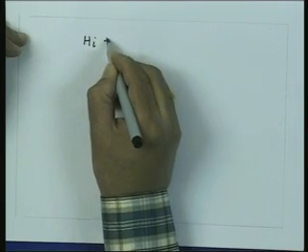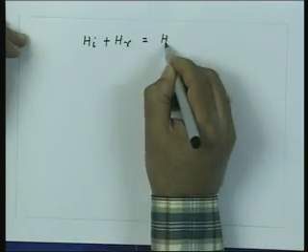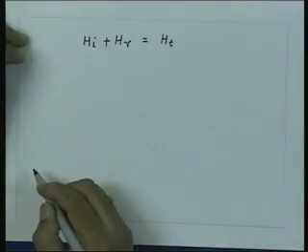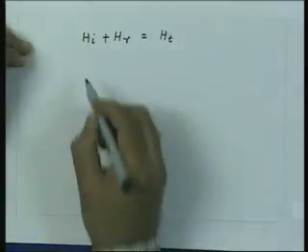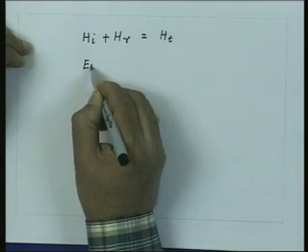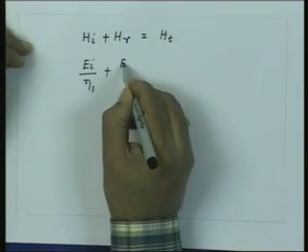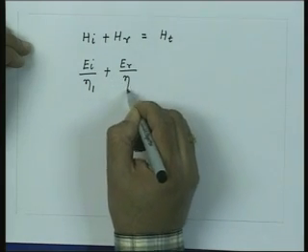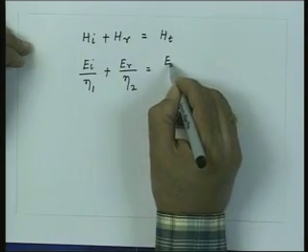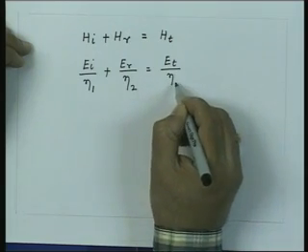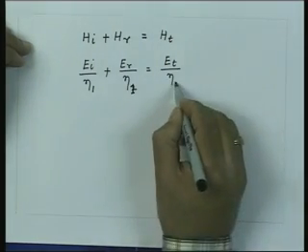Hi plus Hr is equal to Ht, and substituting for Hi and Hr, that is Ei upon eta 1 plus Er upon eta 1, that is equal to Et upon eta 2.